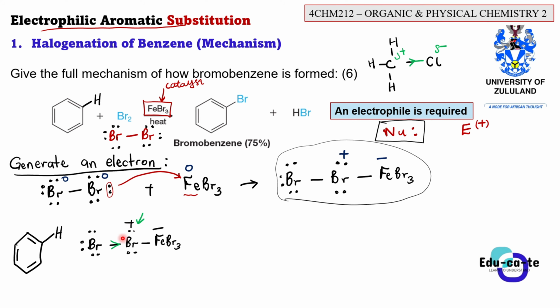Since it has a shortage of electrons, it will try its best to pull away electrons from this other bromine. So this bromine will definitely be more positive than you think. This bromine will become more positive because electrons are being pulled towards that other bromine. So this is our electrophilic bromine. That's our electrophile. So when you talk about generating an electrophile, that is what we are talking about.